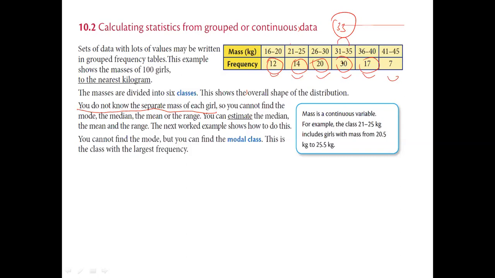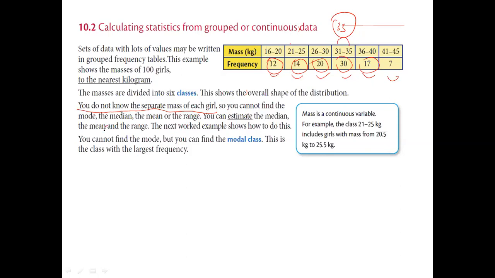So we can say each of the 30 students has a mass of approximately 33 kilograms. So you cannot find the mode, the median, the mean, or the range.